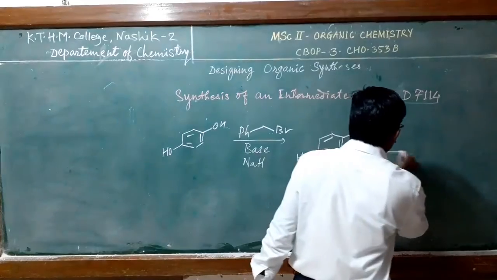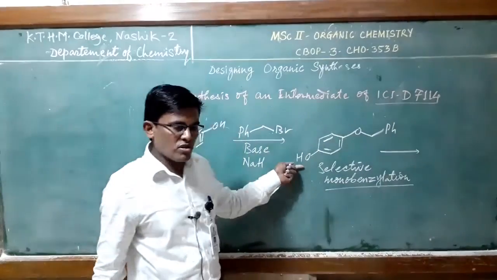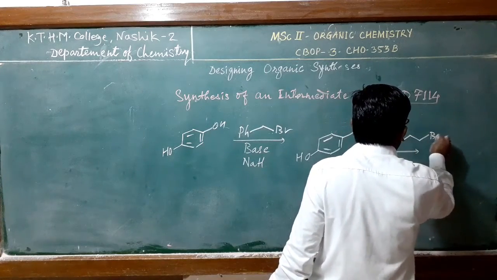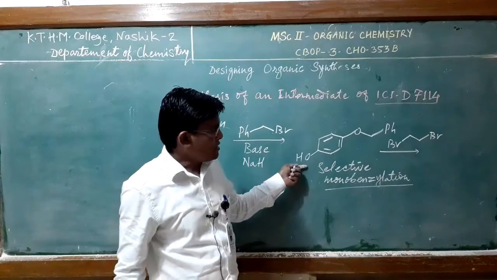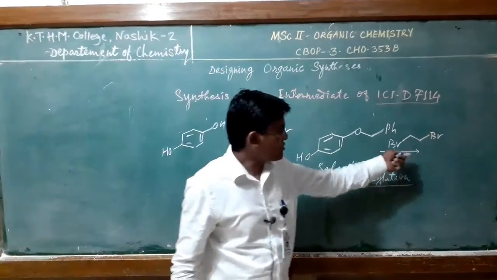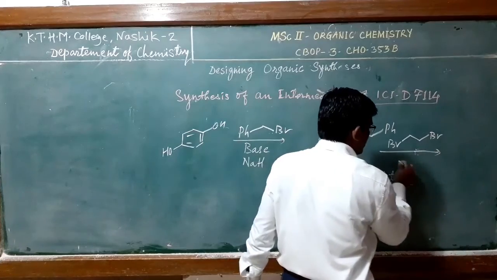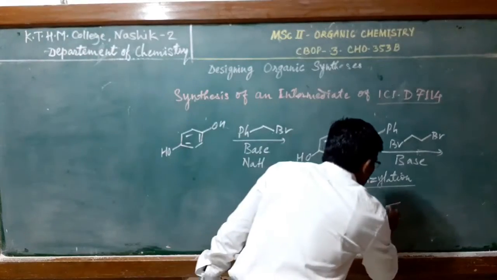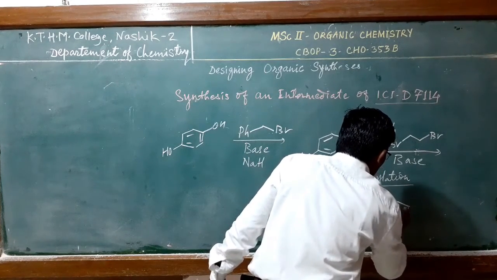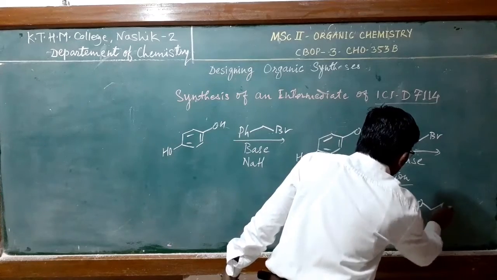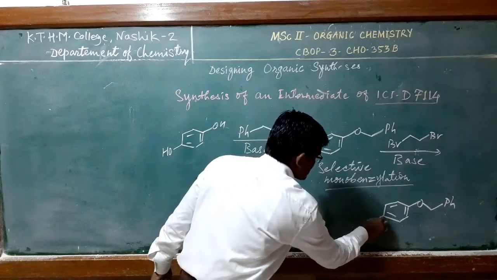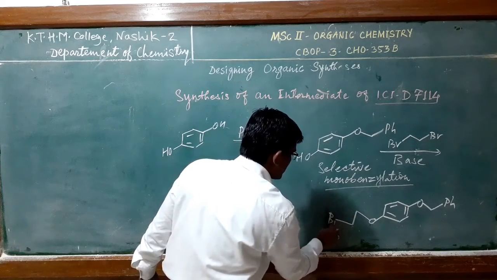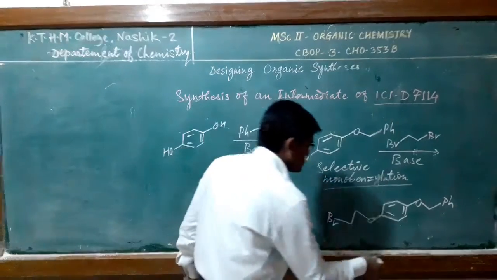Next step: you have the free phenolic OH. So in the next step, the treatment of your protected phenol with dibromoethane in the presence of base will give this bromo derivative.